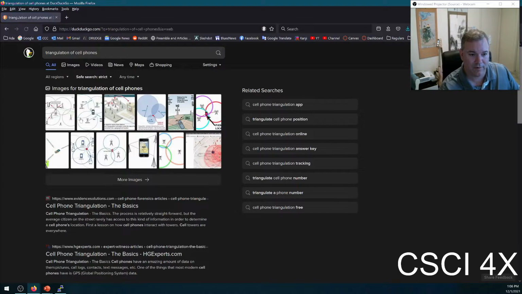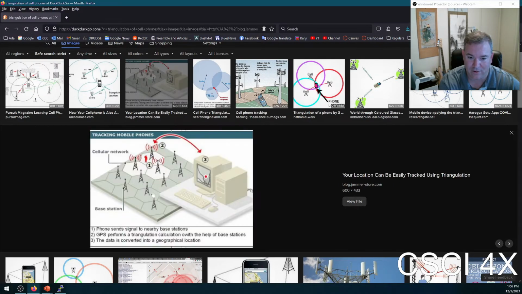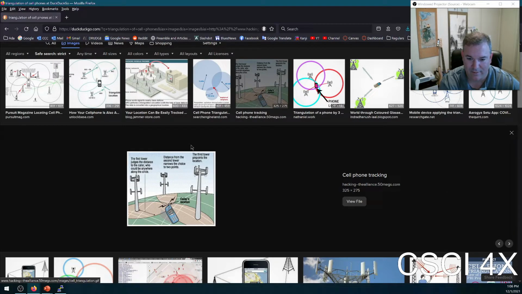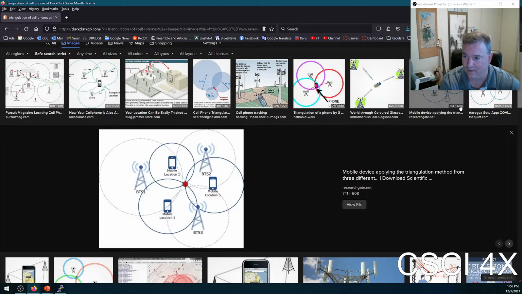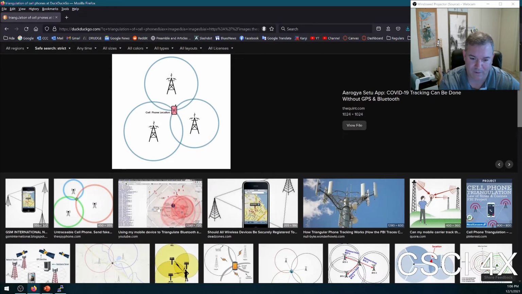So based on how far away from different cell phone towers you estimate the cell phone to be, you can figure out the location to within a pretty good degree of error. It's not as good as GPS, but basically you can know within maybe 10 meters, something like that, where someone is, and then you can drop a cruise missile on them if you want, right?